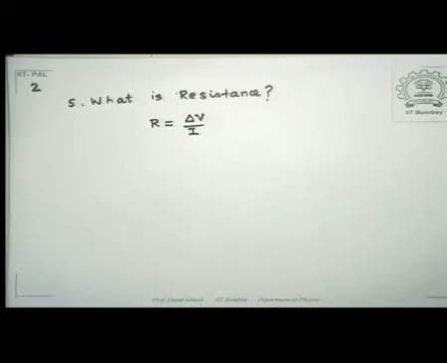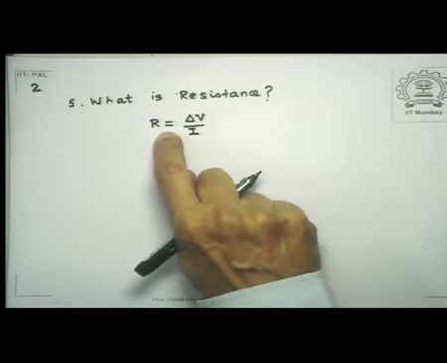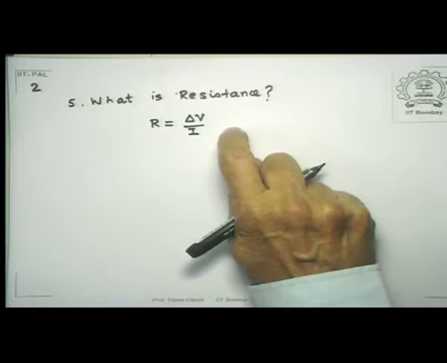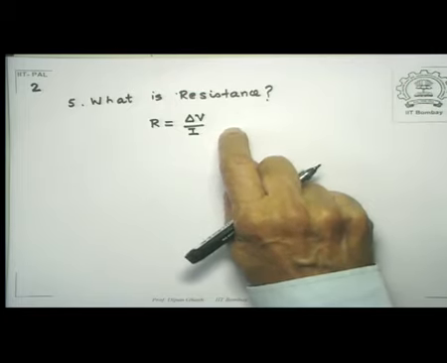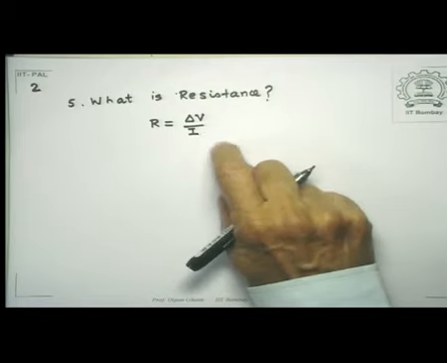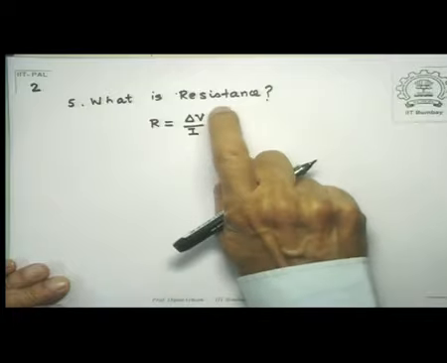In other words, resistance is defined as the potential difference that must be applied across 2 points of a resistance in order to get a unit current. And of course, we know the unit of current is ampere, and this is volt.